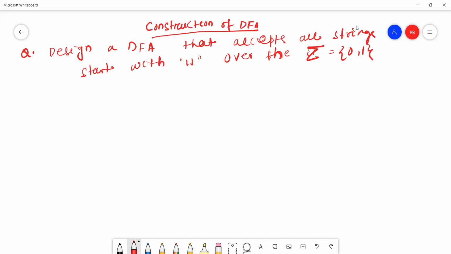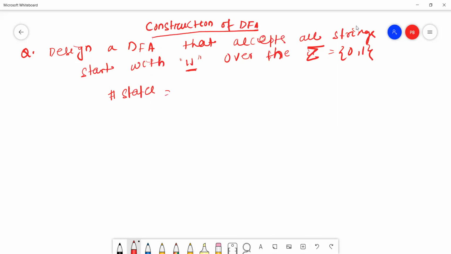Now we'll follow the previous rules for DFA. First, identify the minimum string. The minimum string here is 1 1. The second thing, we'll identify the number of states.